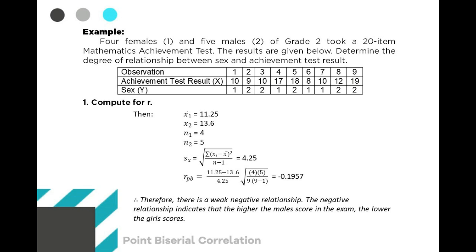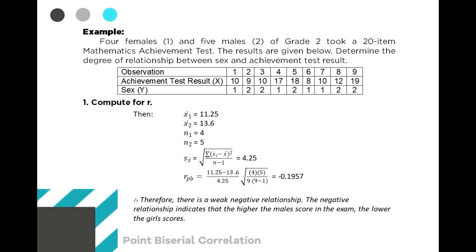Over 4.25 times the square root of 4 times 5 over 9 times 9 minus 1, which is now equal to negative 0.1957, which means that based on our interpretation, there is a weak relationship.